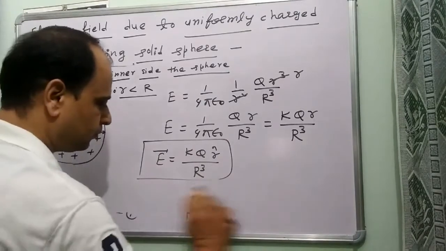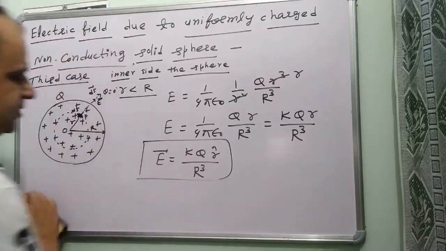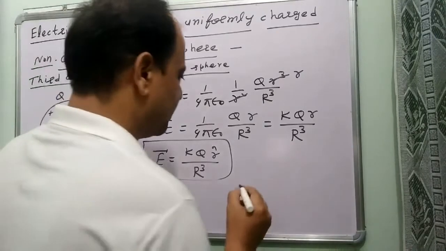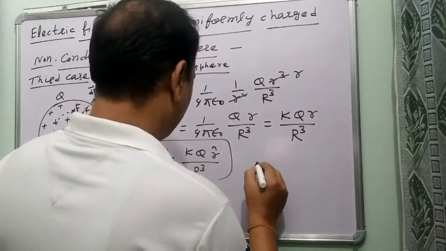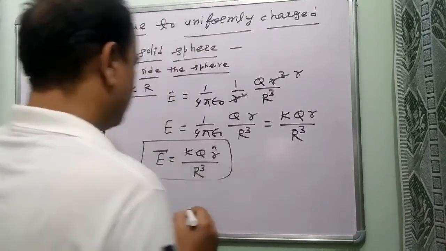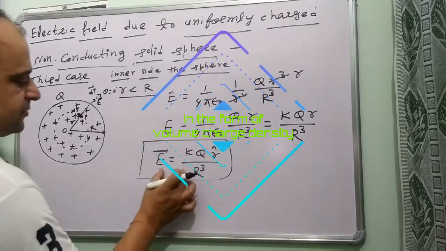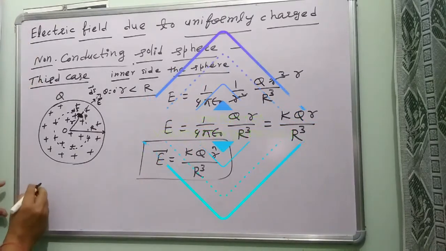Now we write it in the form of volume charge density. We take this formula in an easy form.